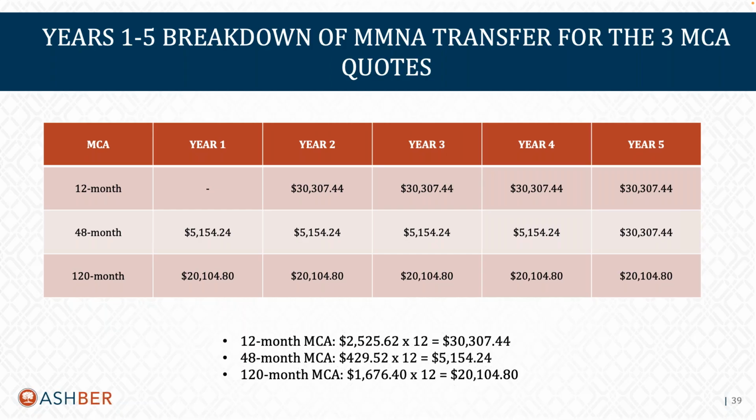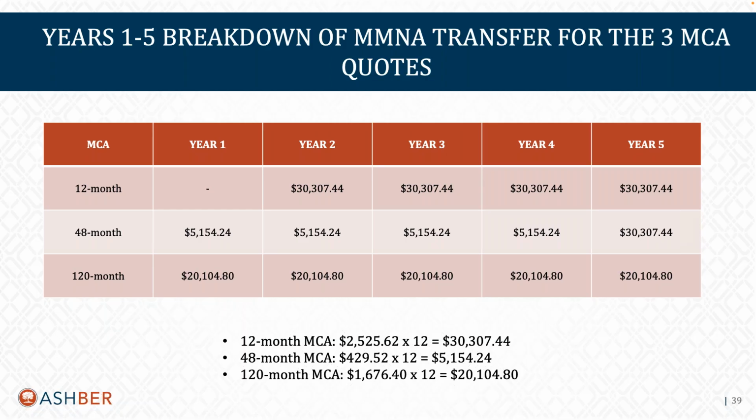So an annual income transfer for the community spouse in years 2 all the way up to year 10 is going to be $30,307.44. And as you can see with the 48-month term, that still continues to do the $5,154.24 number, and that number stays the same until we get to year 5, where the 48-month MCA expires.